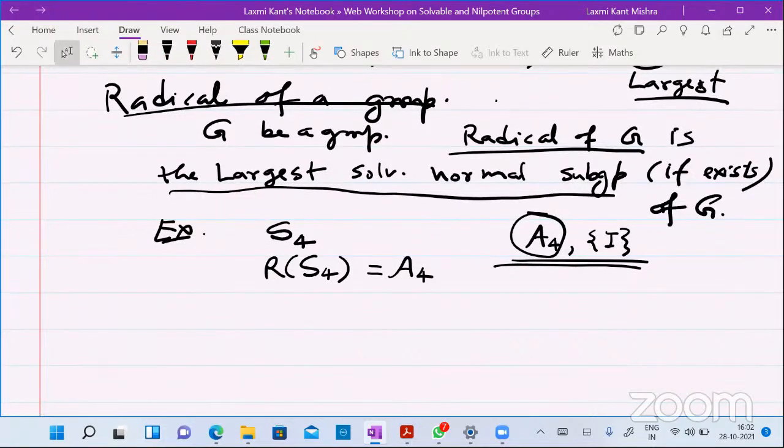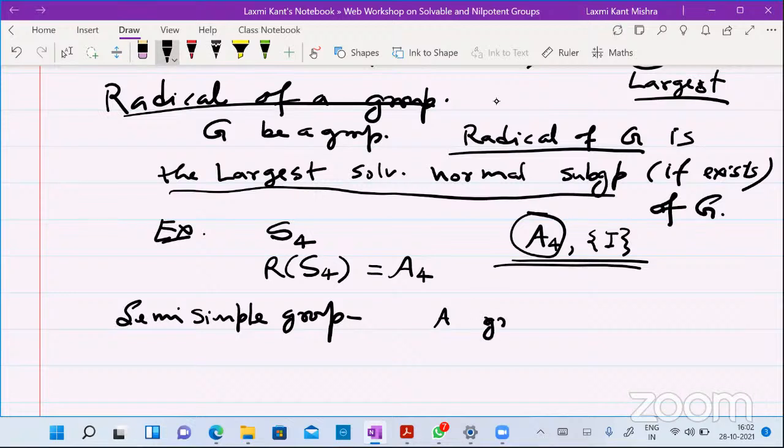So this is the radical, and what is a semi-simple group? It is a group with trivial radical.